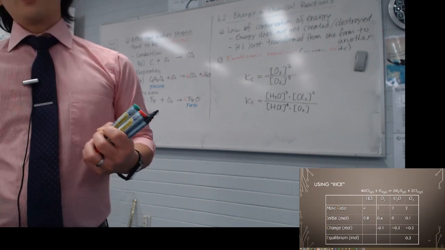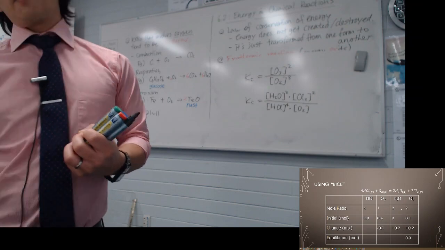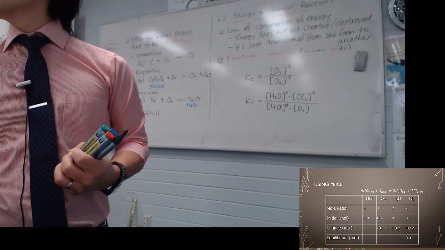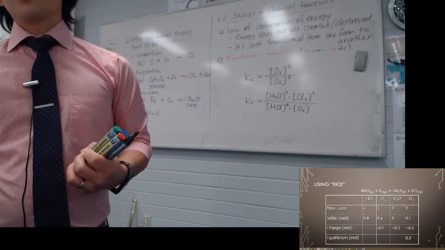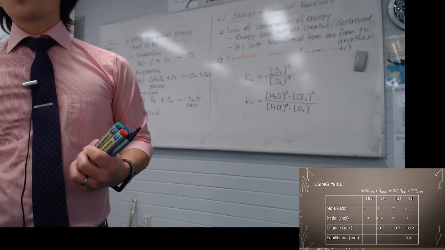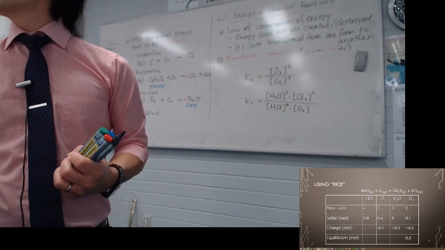And half the moles of O2 would have been consumed compared to these. So 0.1 instead of 0.2. Okay? If one of that was consumed, you should have 4 lots more of that consumed. Therefore, what will be the change?